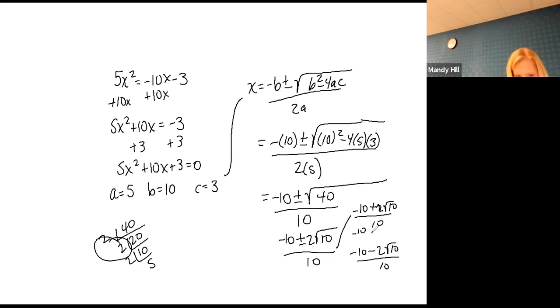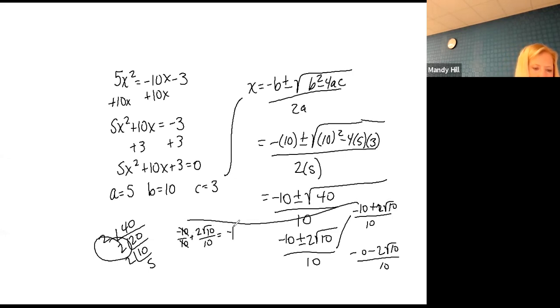Okay. Now, when we start breaking that up even further, this is going to divide out. So we've got negative 10 plus 2 square root of 10 over 10. Let me just erase that. So let's look at this. We've got negative 10 over 10 plus 2 square root of 10 over 10. Well, these are going to cancel out.